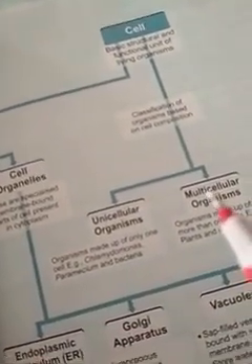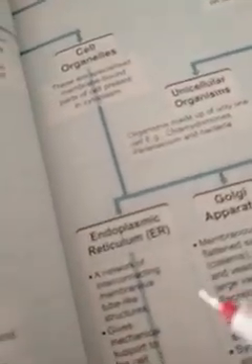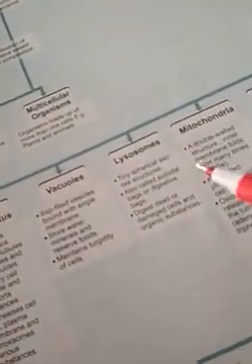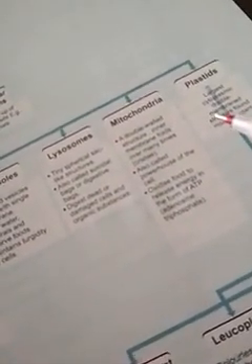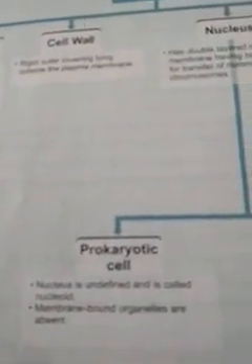And cell types: unicellular, multicellular. Golgi apparatus, endoplasmic reticulum, vacuoles, lysosome, mitochondria, plastids are the cell organelles, and there are other cell types like prokaryotic cells and eukaryotic cells. Eukaryotic cells have cell organelles, prokaryotic cells do not. So, dear student, this is the flow chart of the summary.